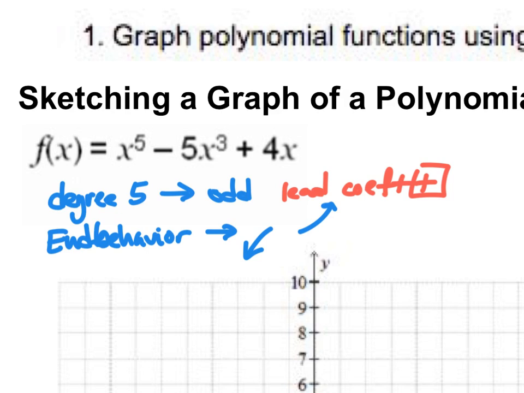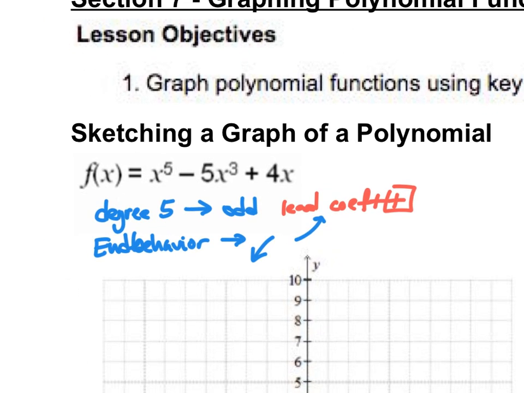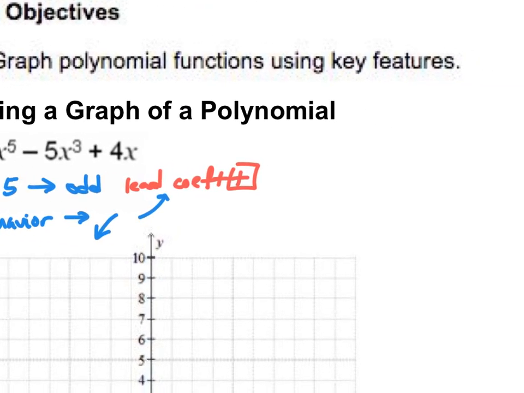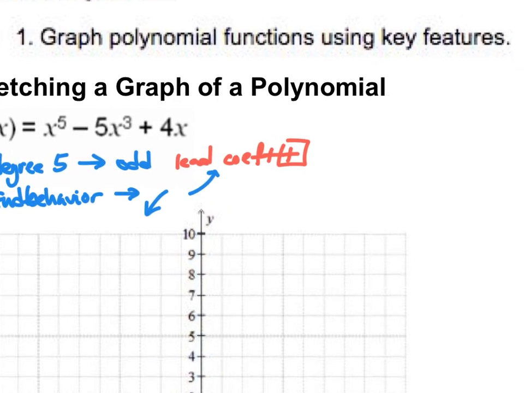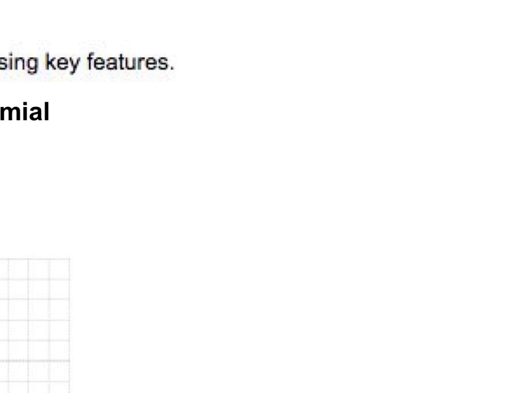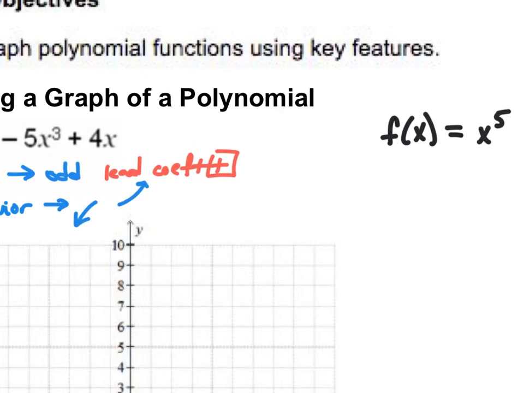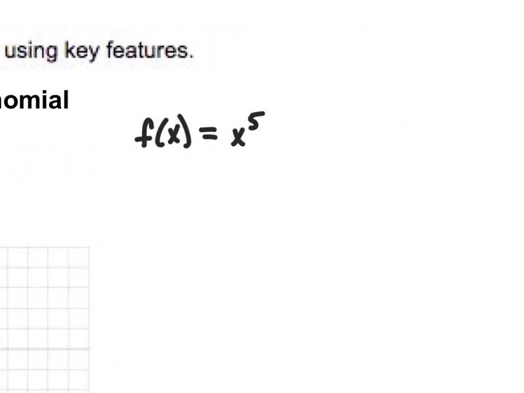The next thing I want to do is factor this out completely and then go from there and be able to solve that. So I'm going to rewrite my function over here: f of x is equal to x to the 5th minus 5x cubed plus 4x.